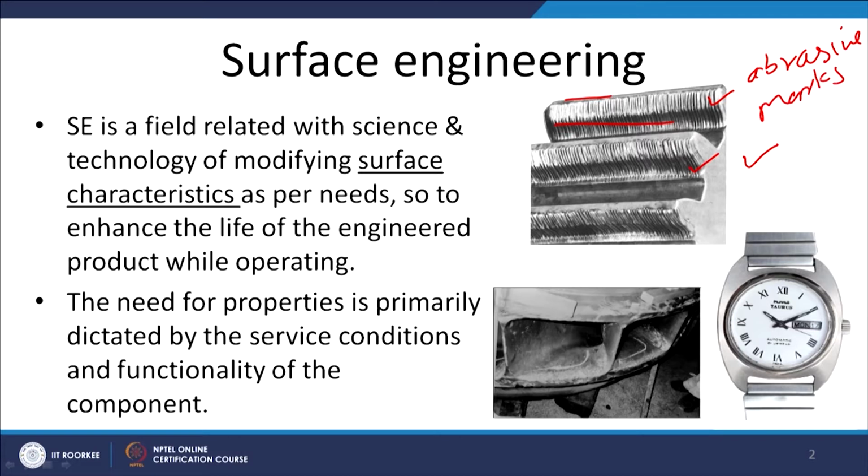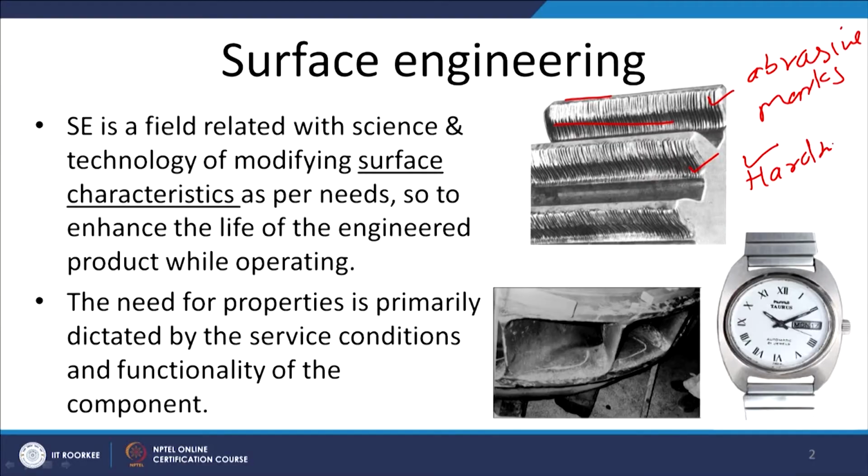Abrasive wear is one of the mechanisms by which material loss from metallic components takes place, and to improve the resistance of the material to abrasive wear, it is important that it has the required hardness, so that the indentation onto the surface of the component by the abrading material can be resisted.